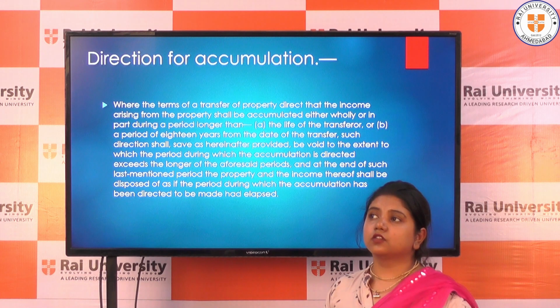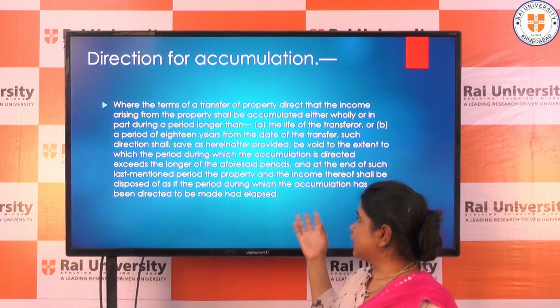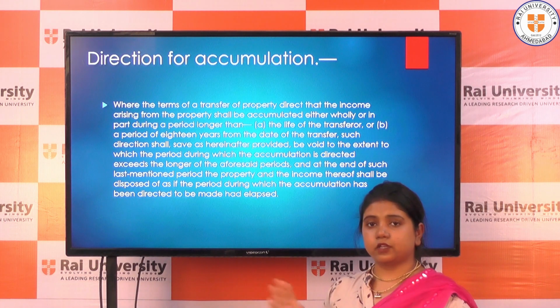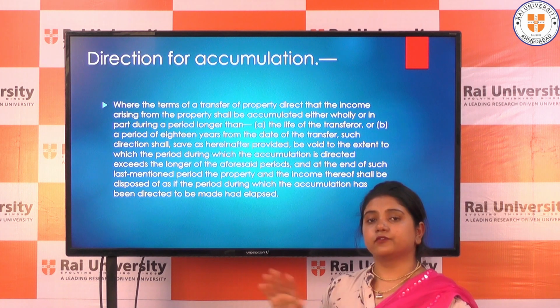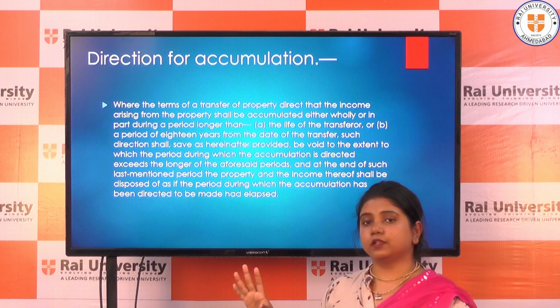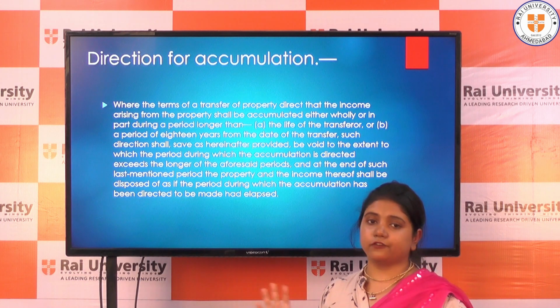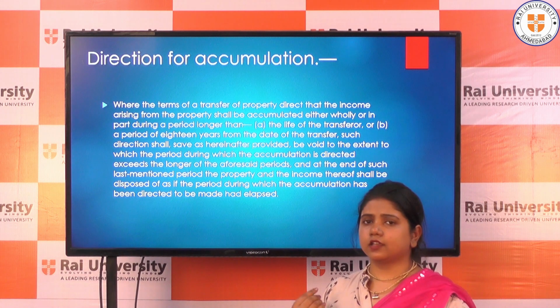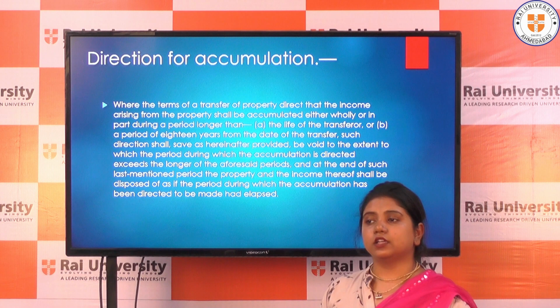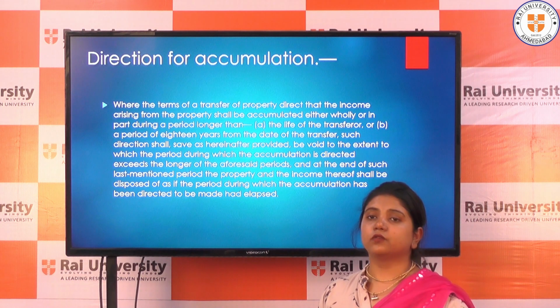For example, A transfers the property on behalf of B for 25 years, and tells him to continue accumulating 50% of the property's income and give it to C for 25 years. If A is alive for 25 years, then it is fine. But what if A dies after 3 years of accumulation of the money? A dies. So what will continue?